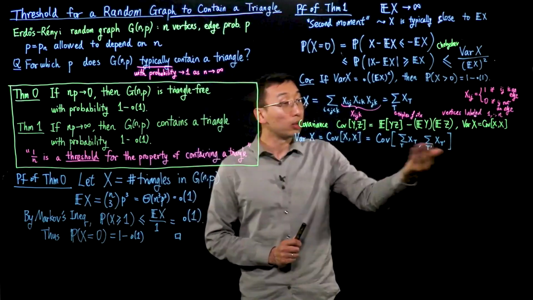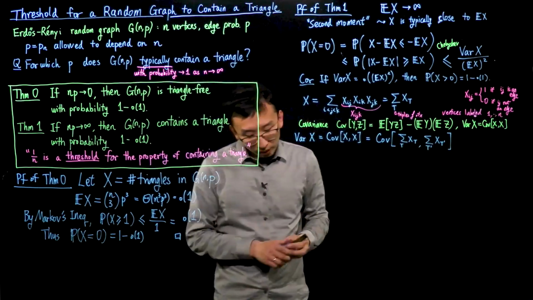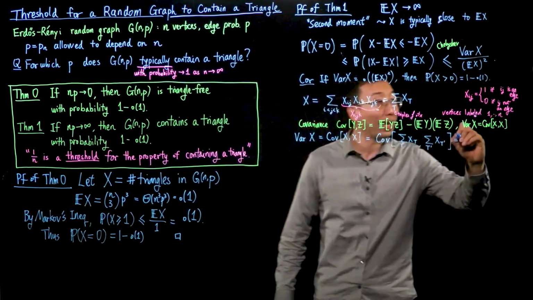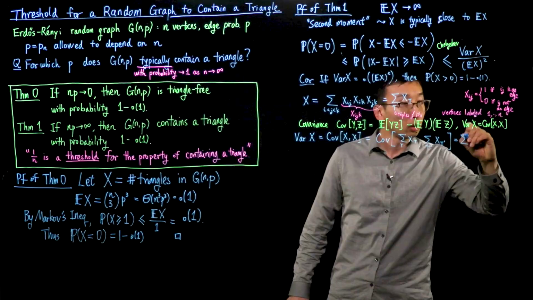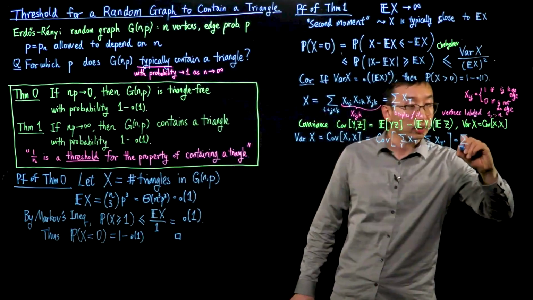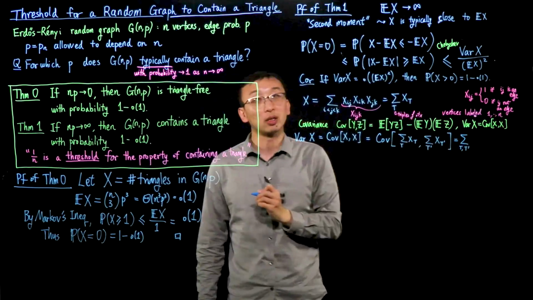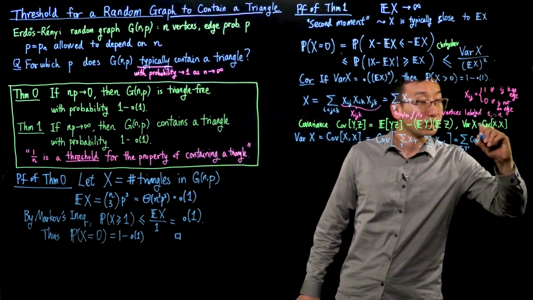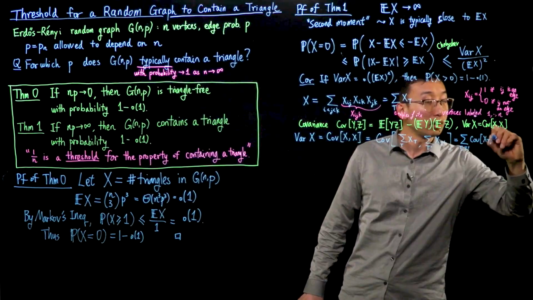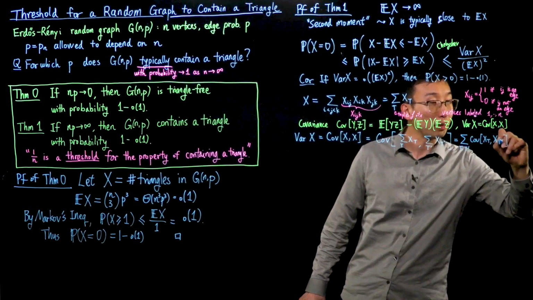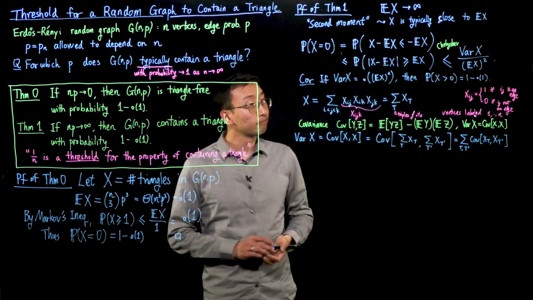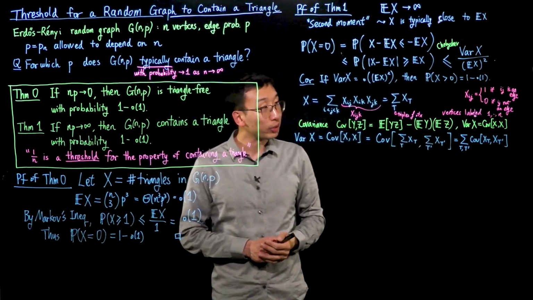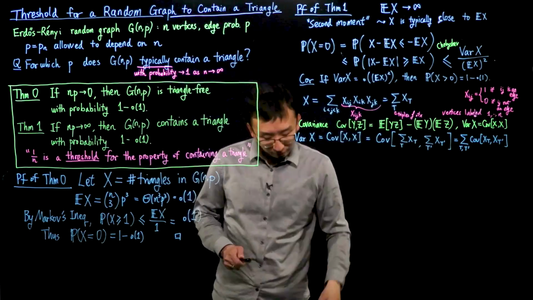So we can distribute and write it as the sum over all pairs of triples T and T prime of the covariance of x sub T against x sub T prime. Now we need to understand this term, the covariance of x sub T against x sub T prime.